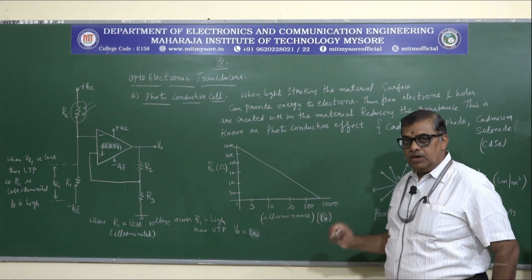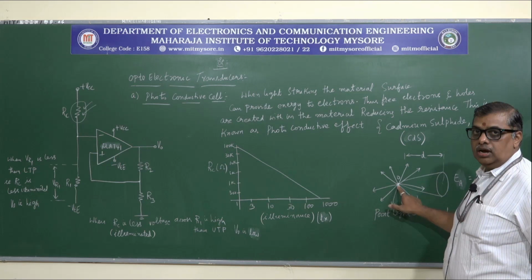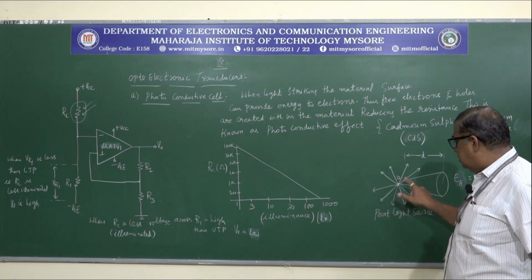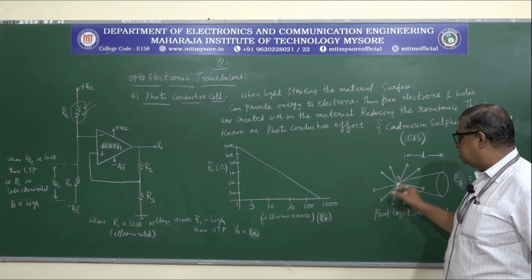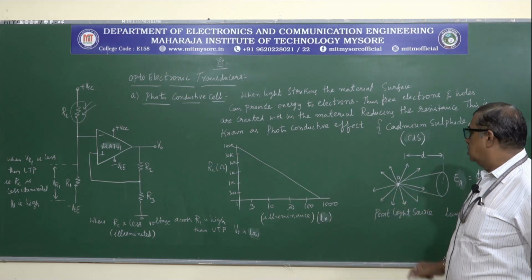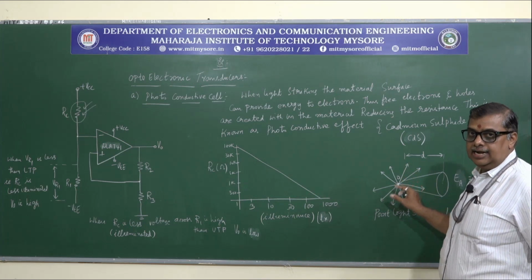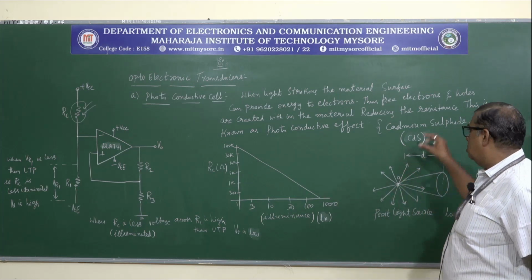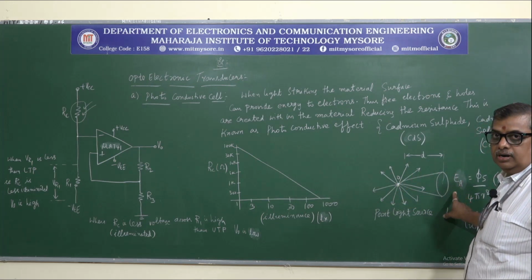Okay. So now this is a typical graph showing the variation of resistance with respect to light intensity. We know that whenever light falls on a material, it gets dispersed like this. We call these divergent rays. Now if we want to calculate the light intensity falling on the material, it is given by a simple formula.